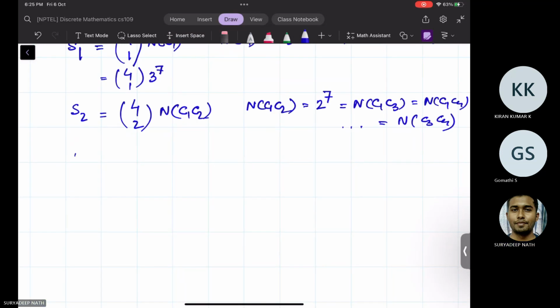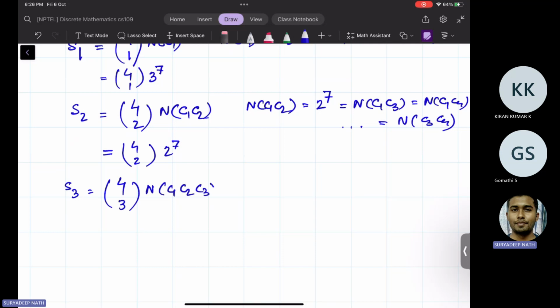So S3 would be picking three elements, so 4 choose 3, and C1, C2, C3.